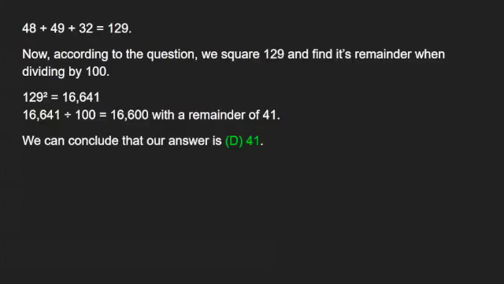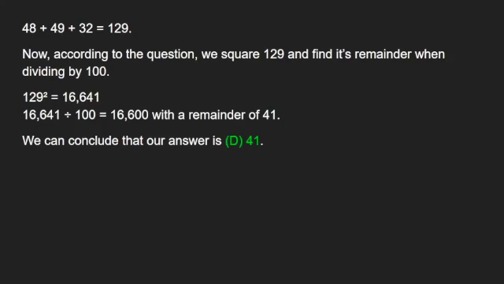If we add up all of these total ways to divide this big square, we get 129. According to the question, which asks for the remainder when we square n and divide it by 100, we square 129, and 129 squared is 16,641.